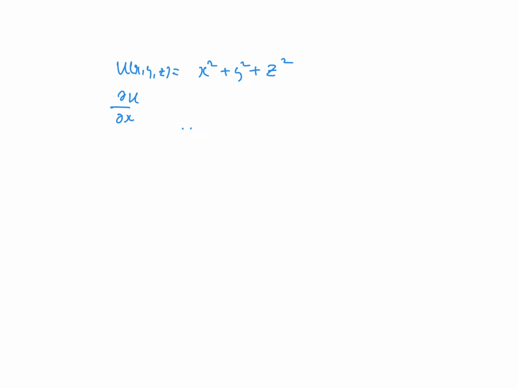x. So we are taking the partial derivative with respect to x. That means we are taking y and z as constants, right? So that's simply 2x. Partial u partial y is simply 2y, partial u partial z is 2z.